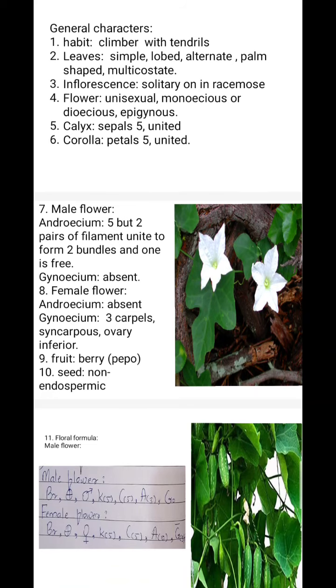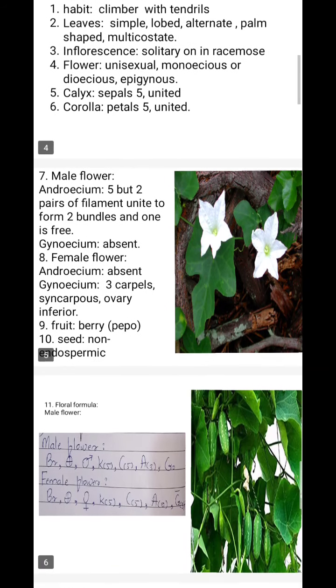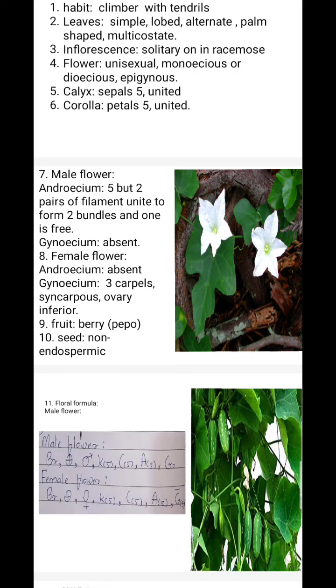Next slide is regarding the flowers. So male flower, first you have to see in the male flowers. In the male flowers there is the androecium, 5 stamens but 2 pairs of filaments unite to form two bundles and one is free.